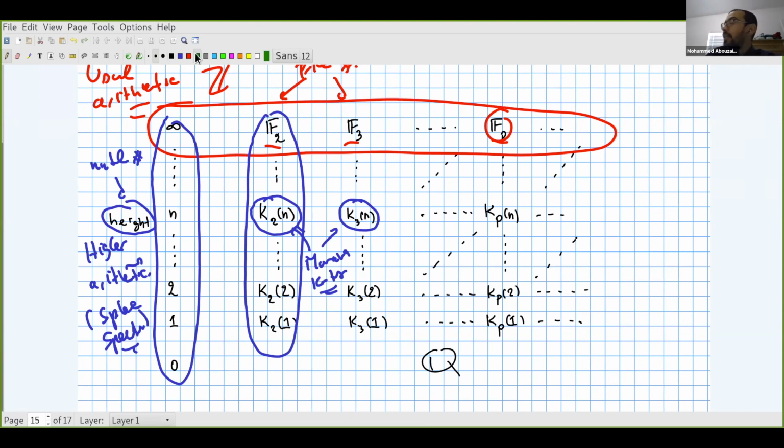Very early on, already with Serre's thesis, we know some interesting results about the stable homotopy groups of spheres completed at the prime P: they vanish in some range which is linear in P. So pi K stable of the sphere is equal to 0 if K is less than or equal to some constant times P.